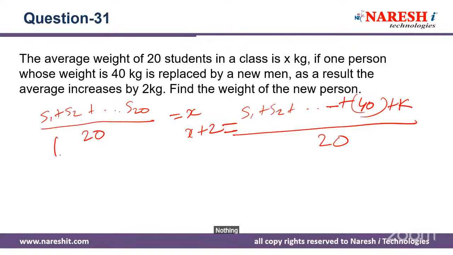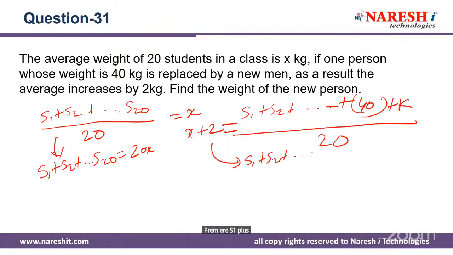Now see, from here, I can write that S1 plus S2 up to S20 equal to 20X. Then S1 plus S2 up to S20 minus 40 plus K. So first I added 20 people's weight.